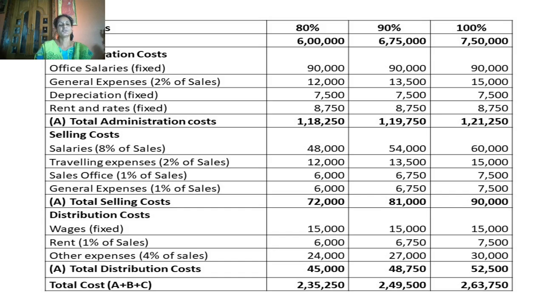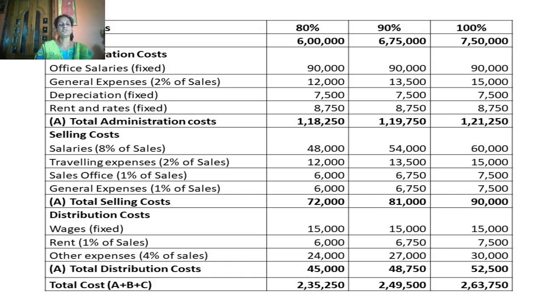Same amount you can put here. Previously, in the previous row, you have calculated sales office 1%. It will be the same amount only. So you can just copy and put the same amount for general expenses also. When you add up all this, only the selling cost, that will give you total selling cost. So you have found out administration cost and also you have found out selling cost.